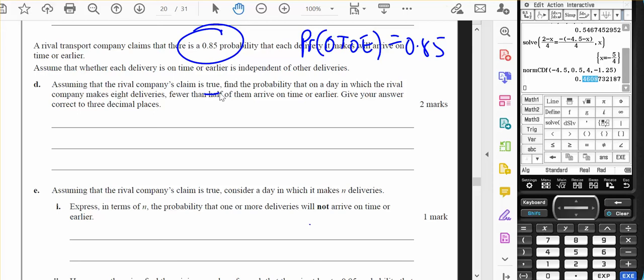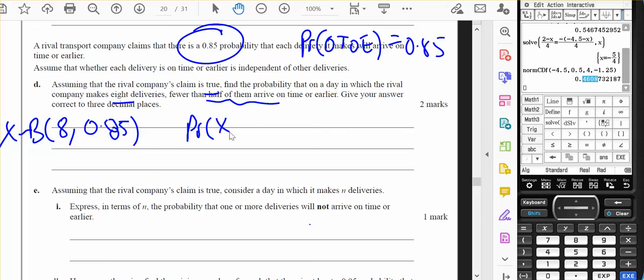Find the probability that on a day on which the rival company makes 8 deliveries, fewer than half of them arrive on time. So we are binomial, we have 8 deliveries, and 0.85 is arriving on time. So we're wanting the probability, so that's X, X is fewer than half, less than 4, probability that X is less than or equal to 3.